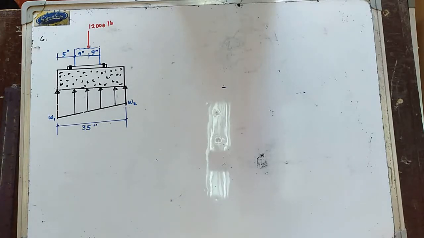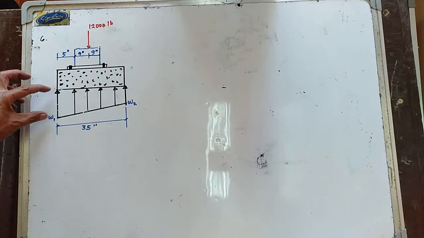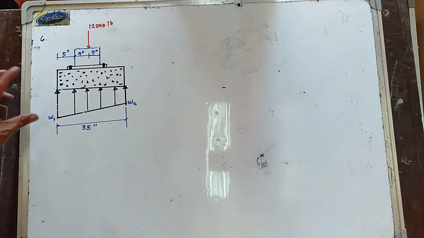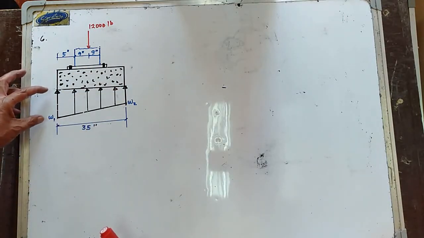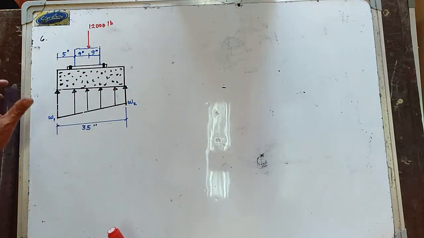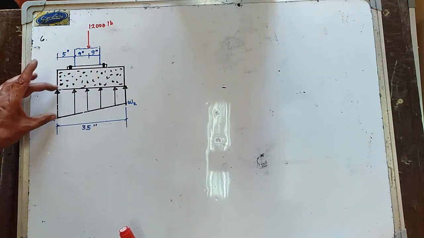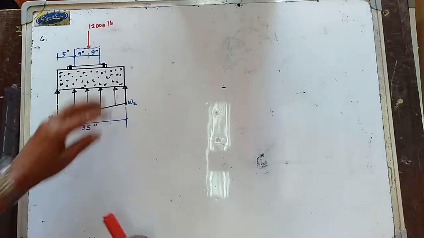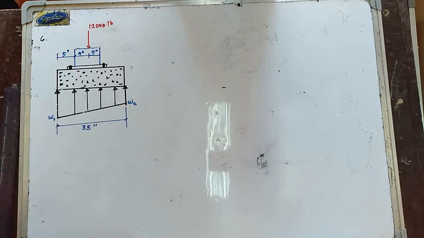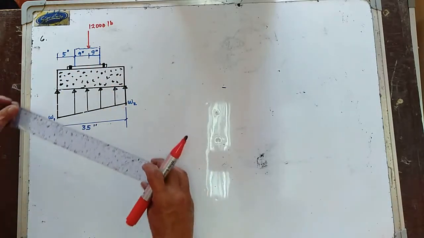So first, let us try to divide this distributed loading. We have a uniformly varying load, trapezoidal in form.